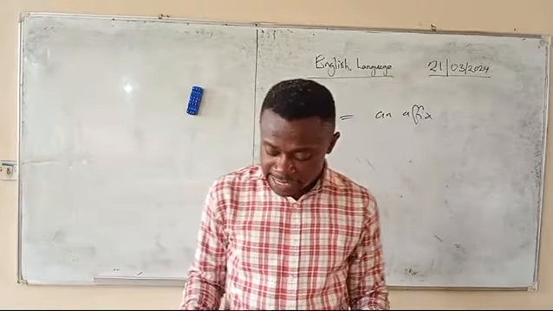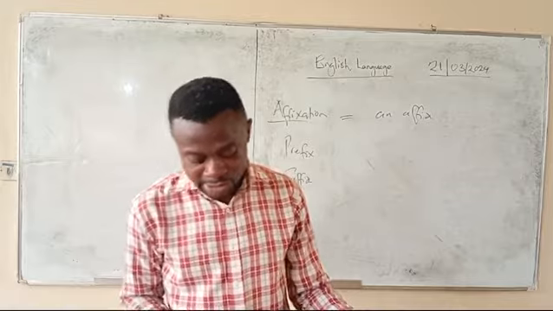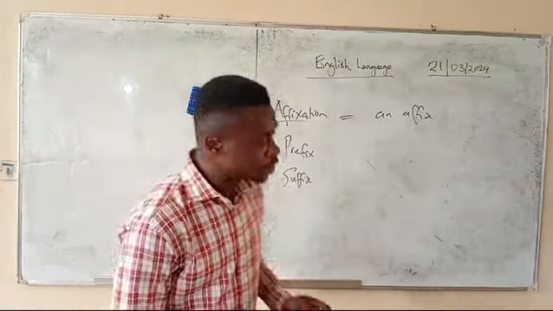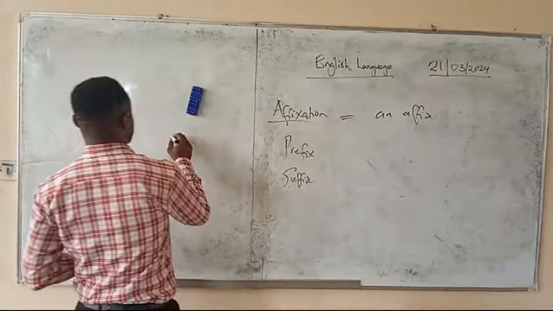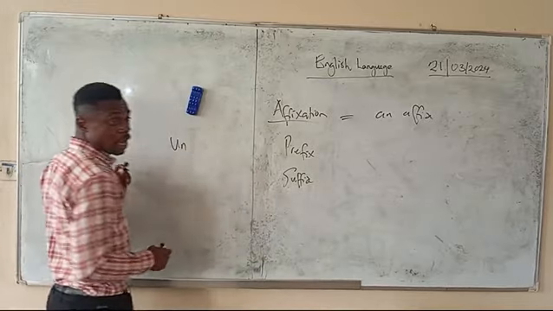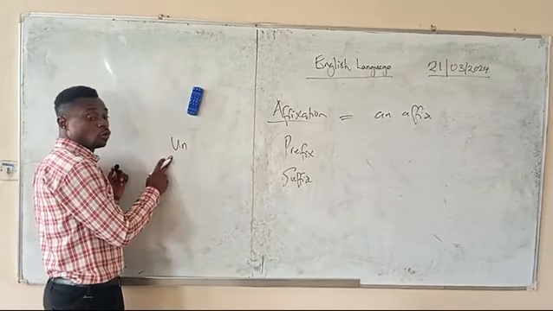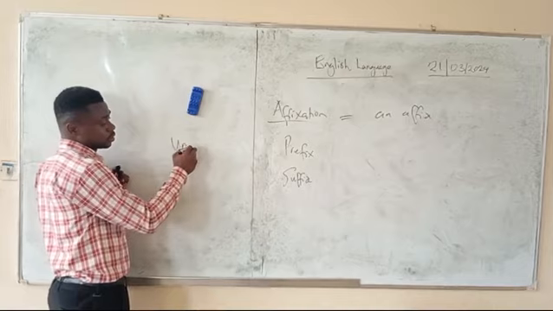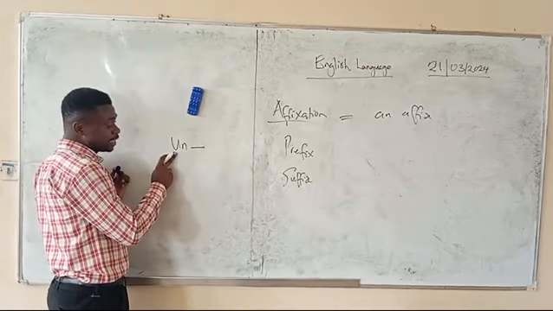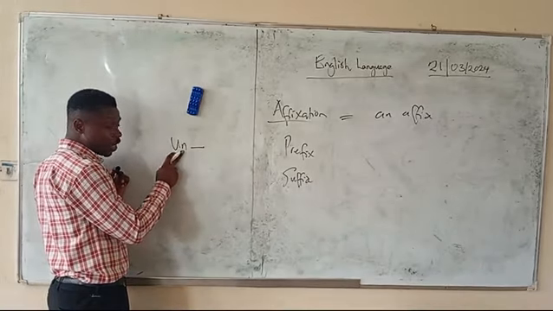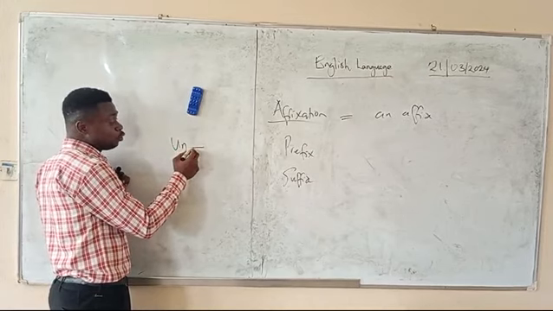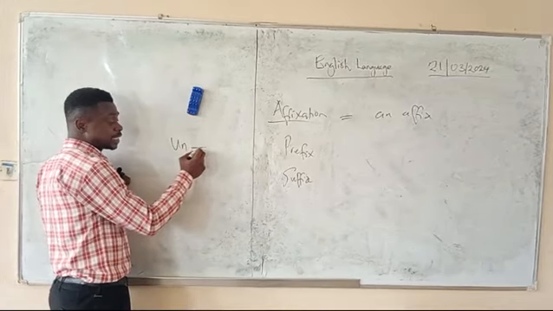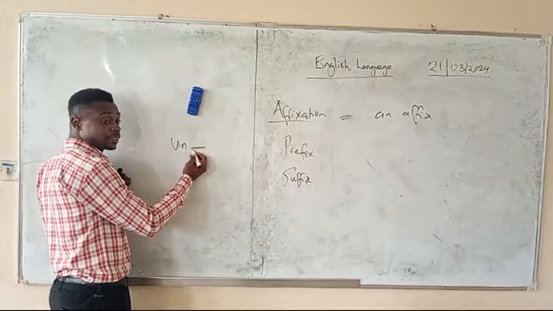So based on this now, examples of prefixes, you have things like un. If you write un now and put a dash, it shows that it is a prefix.